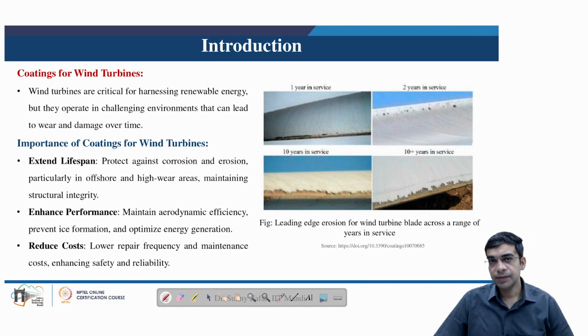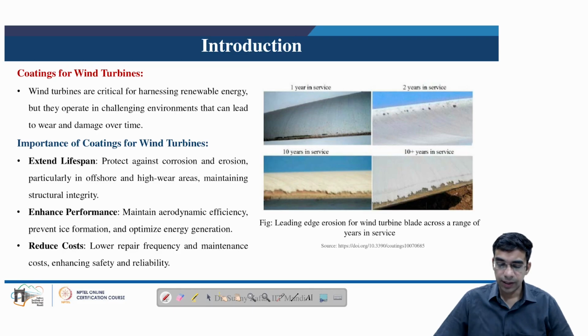As we have seen, the size of these wind turbines has been continuously increasing, and they have been installed in offshore locations so as to extract the maximum wind energy. So this is the critical infrastructure necessary to extract renewable energy. But as we have seen, they operate in quite a complex and challenging environment, which can lead to wear and tear over a long period of time.